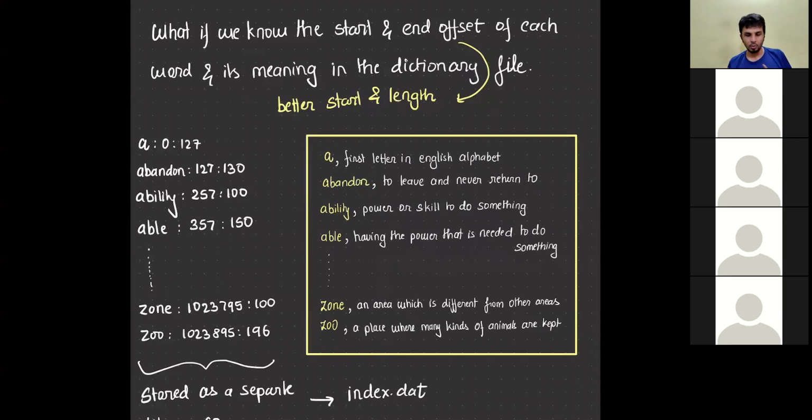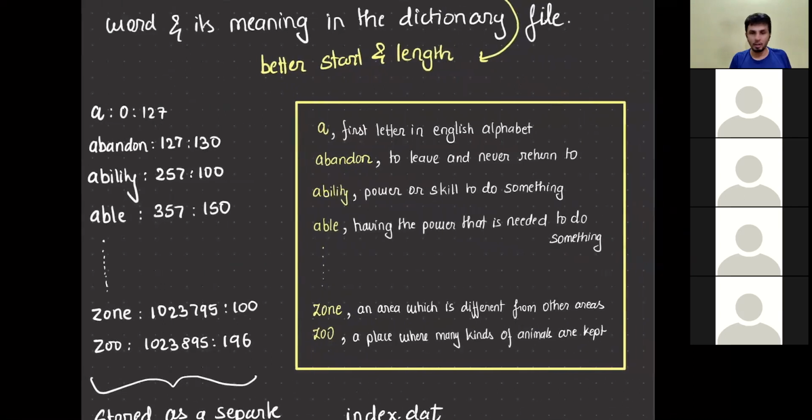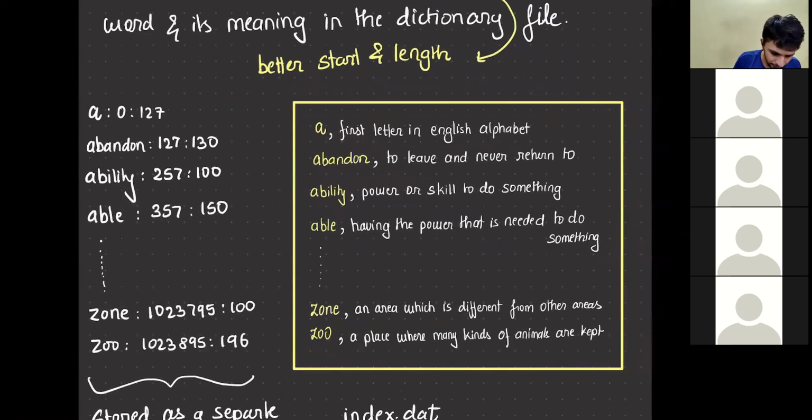Similar to what MySQL does, what if we do this? What if we know the start and the end offset of each word and its meaning in the dictionary file? Let's say you have a massive file words.txt. We store this information. The word A starts from 0 and has length 127.